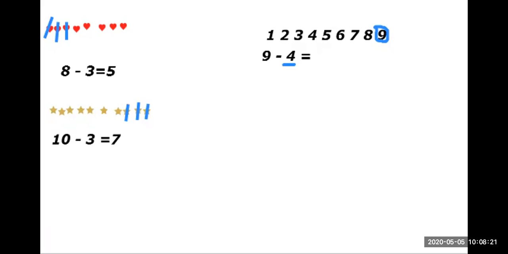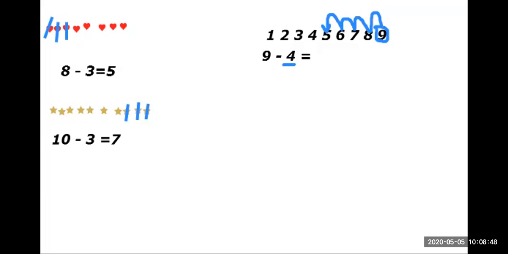So the first step would take you to number 8. Second step would take you to number 7. Third step would take you to number 6. And fourth step would take you to number 5. This is how we count back. So what's your answer? 5.